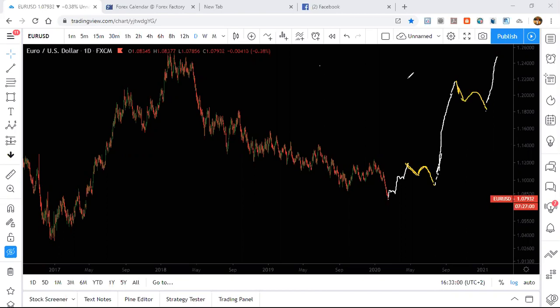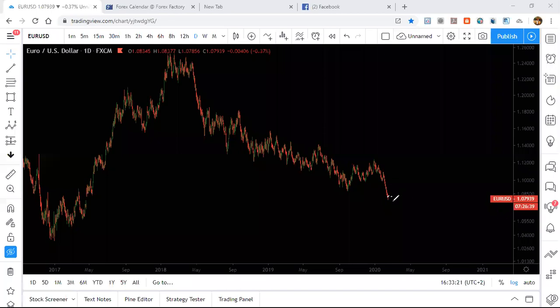But here, I think I can look for other pairs to trade, because this is coming just to the end of this move and it's ready to push to the upside, right? So whoever can trade this, you can use your own strategy to trade this to the downside, right?